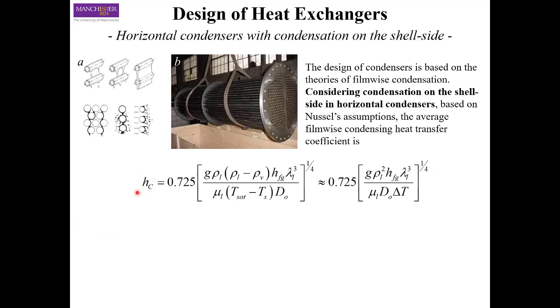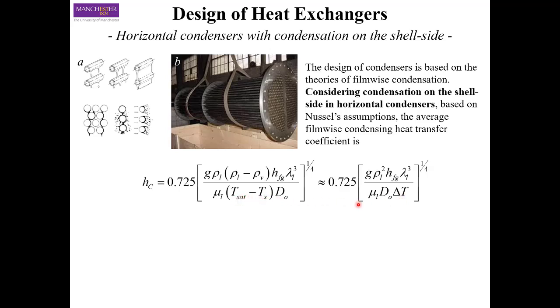So Hc is the heat transfer coefficient due to condensation, and we have a couple of properties from the liquid and the vapor, the heat of vaporization for the condensation, and then we have the temperature difference of the system. If we ignore the density of the vapor, which in most cases is around 1, we can ignore it and simplify this equation to this form, where delta T is the temperature difference here.